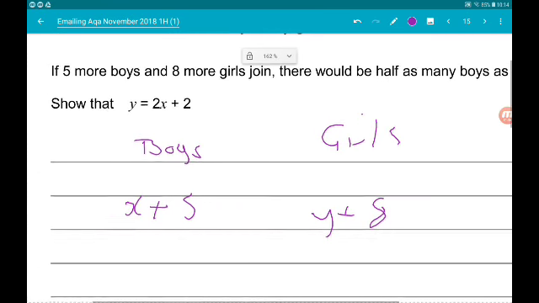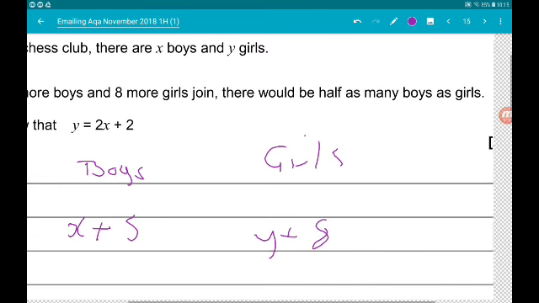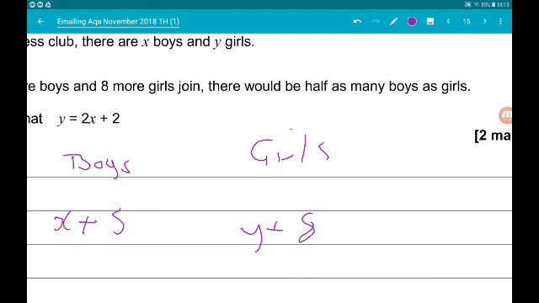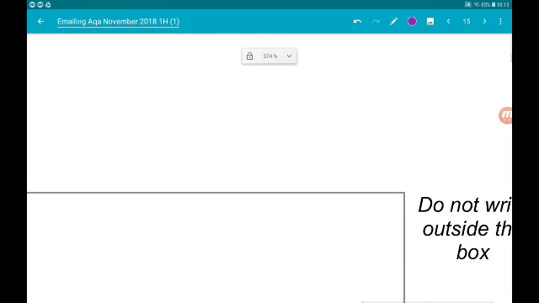Now, we're also told, if that happened, there would be half as many boys as girls. So, I think this is the bit that's got everyone stuck. We can say that 3 is half of 6.